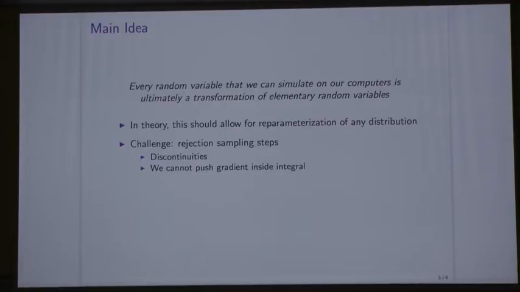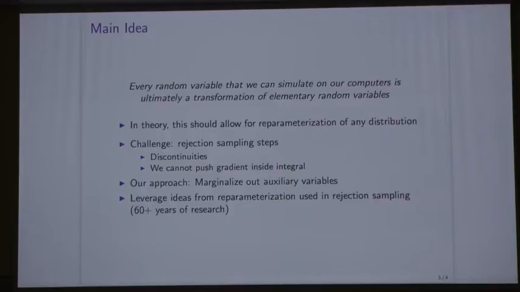This introduces some discontinuities that prevent us from pushing gradients into expectations. So we solved that by marginalizing out all the auxiliary accept-reject variables that we use in rejection sampling. So I won't go into the details, but this allows us to take advantage of many, many years of research in rejection sampling and apply these ideas to variational inference.